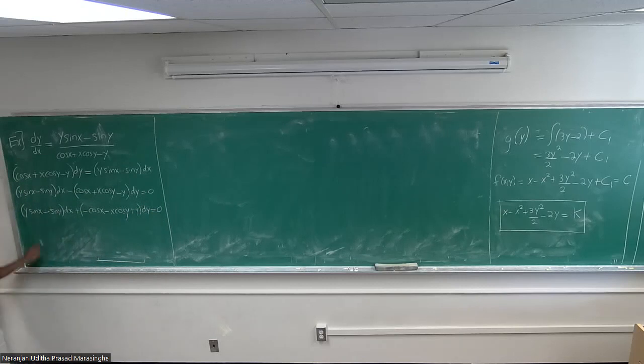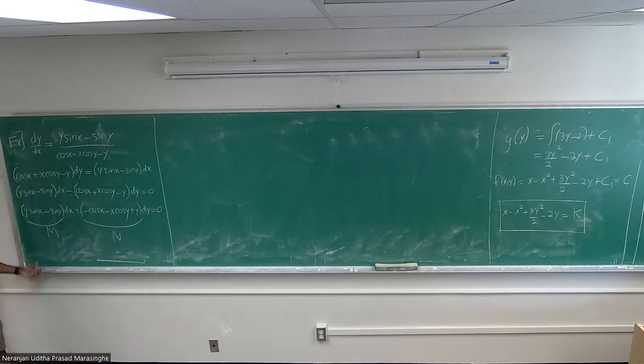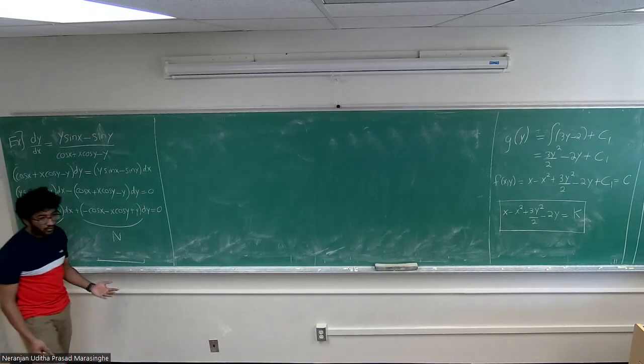Okay, right. So this is your M. This is your M. Take the partial derivative of M with respect to y and the partial derivative of N with respect to x, and check whether those two things are equal or not.